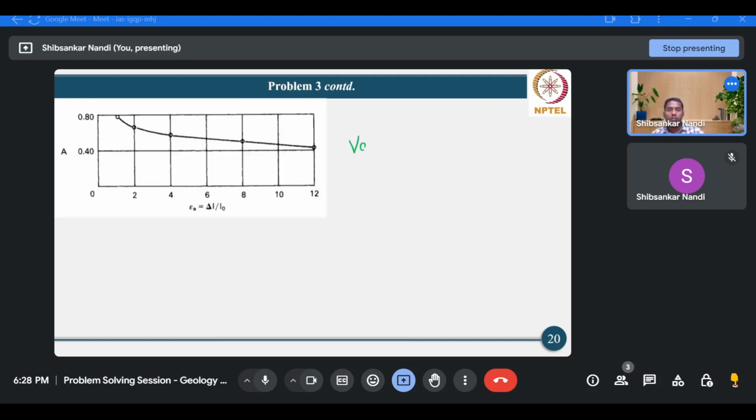This is the variation of A with epsilon A, that is delta L by L0. Okay, so it's a simple task. So just you have to plot these values from the table.